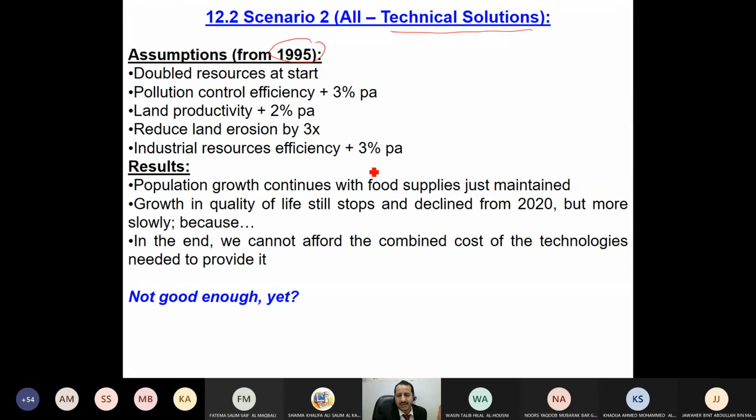Okay, what is the result? Our results will be: one, population growth continues with food supply just maintained. Quality of life will stop and decline from 2020, but definitely slowly. And at the end, technology will not solve the problem because we keep declining.